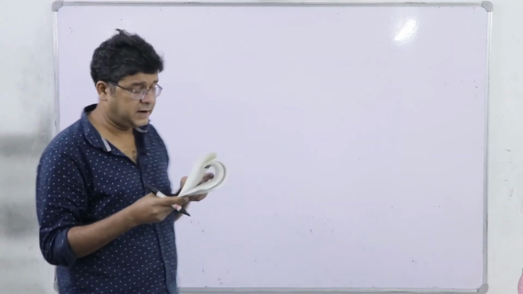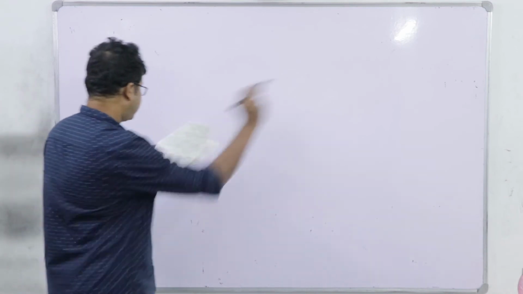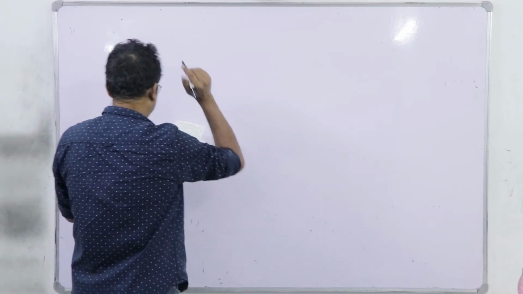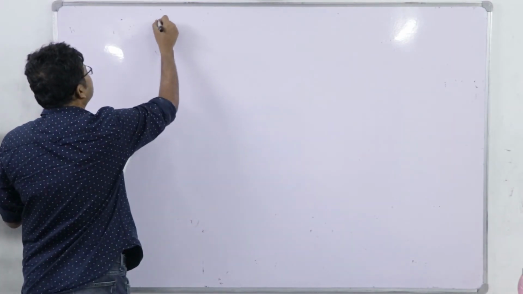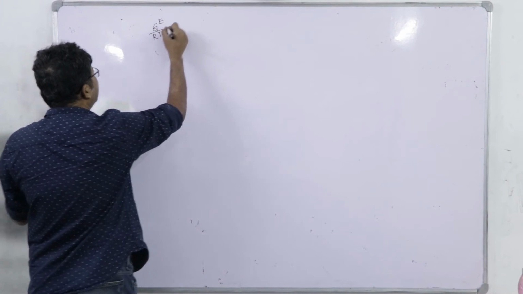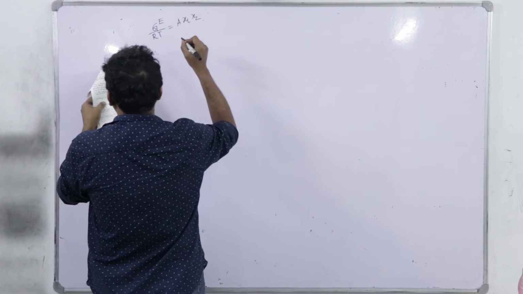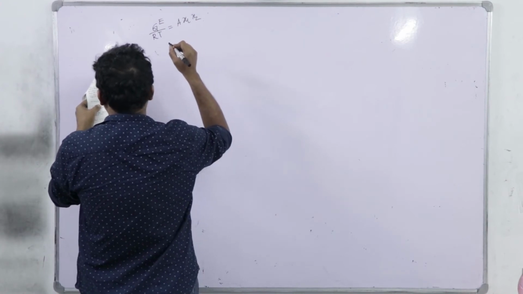The problem has 3 different parts. Now first, the statement. For a binary system, the excess Gibbs energy of a liquid phase is given by G by RT equal to A X1 X2, where A is a function of temperature.